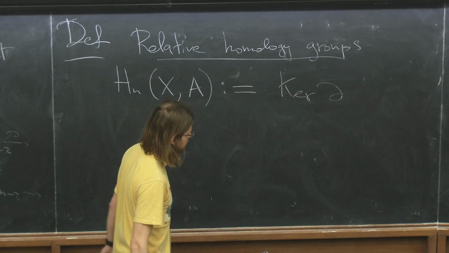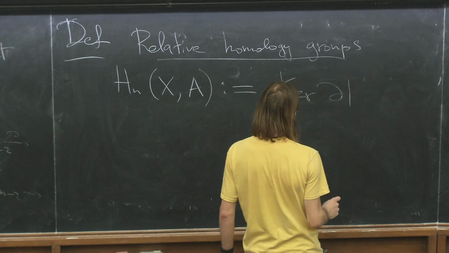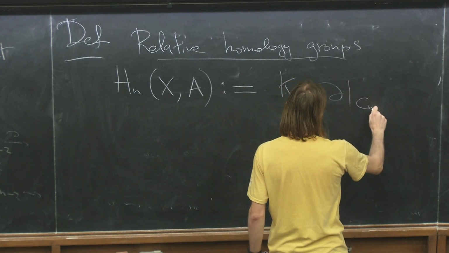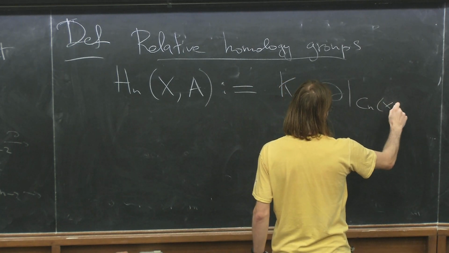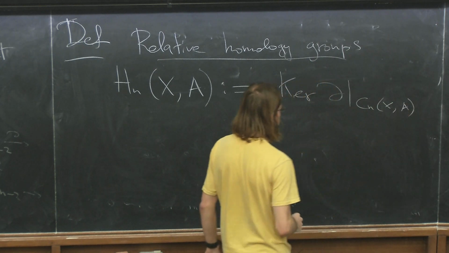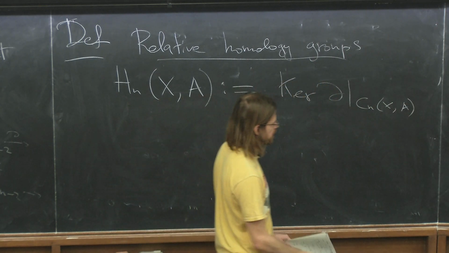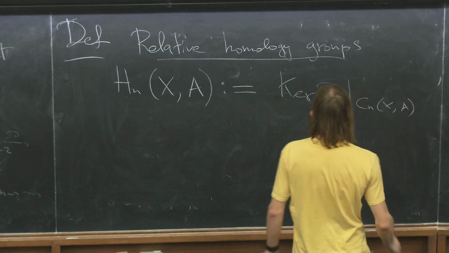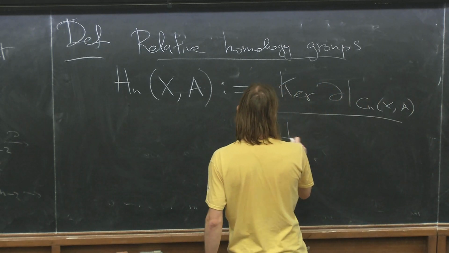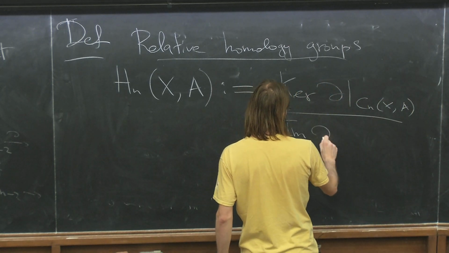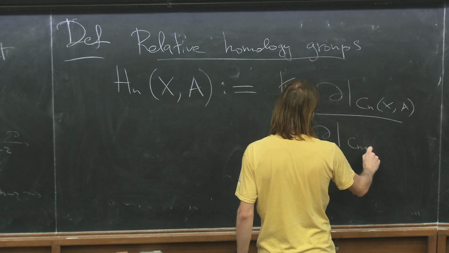As for a general chain complex, it's the kernel of d acting on Cn of X comma A, and by definition it's just a quotient of this modulo the image of d acting on Cn plus 1.